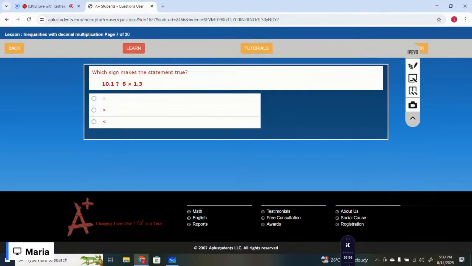10.1, 8 times 1.3. 10.1 is greater than 10 times 8.3.